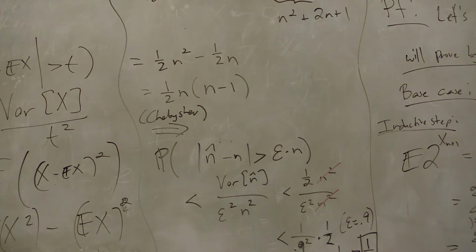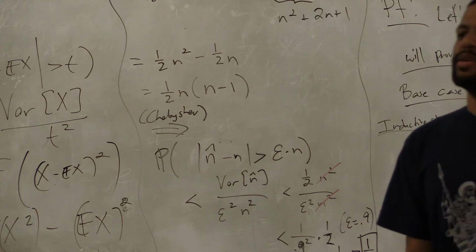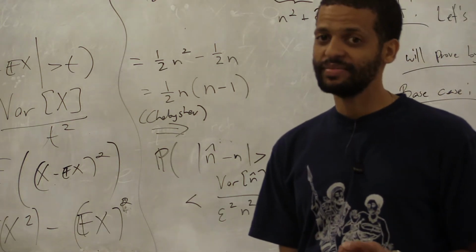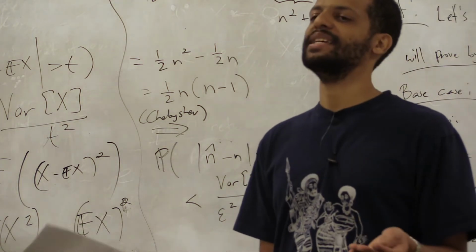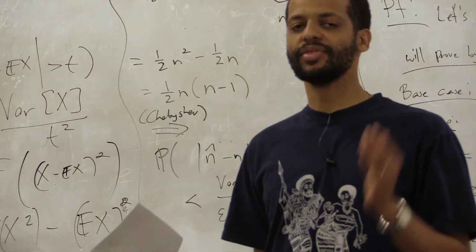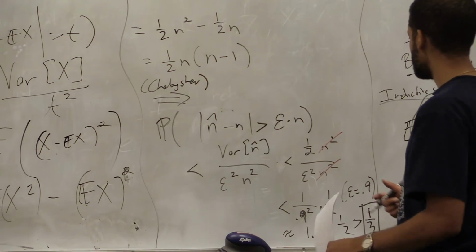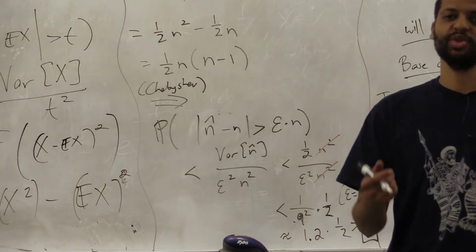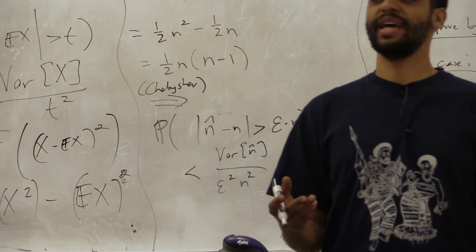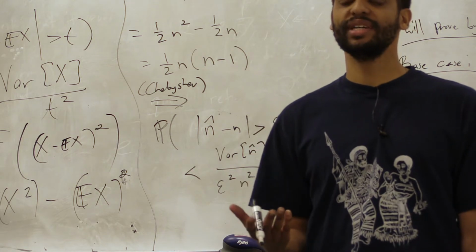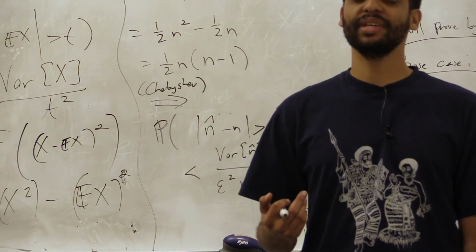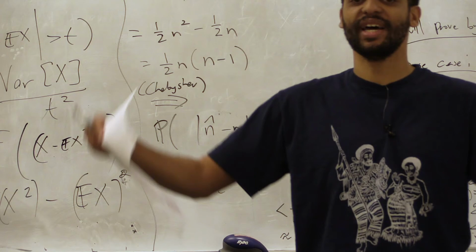So this isn't that good. What it's saying is, with probability at least 1/3, which is not tiny, but it's not that great either, I'll get an answer that's within 90% of the true answer. So if the true answer is 100, I promise you that I'll tell you something that's between 10 and 190.